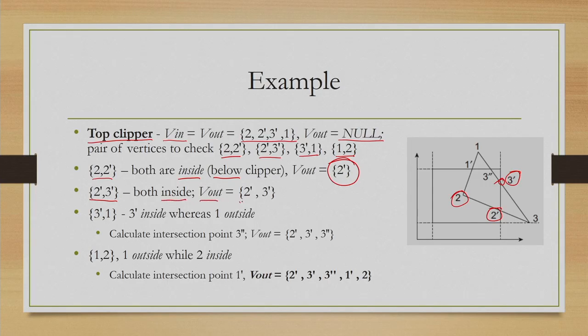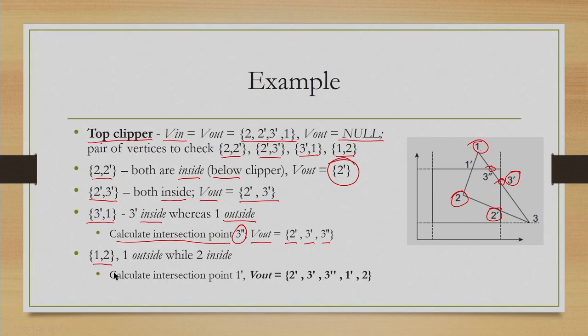Then V out becomes 2 dash and 3 dash. Then we check 3 dash 1. In this case 3 dash is inside whereas 1 is outside. Then we calculate the intersection point 3 double dash here and modify our output list to be 2 dash, 3 dash and 3 double dash.